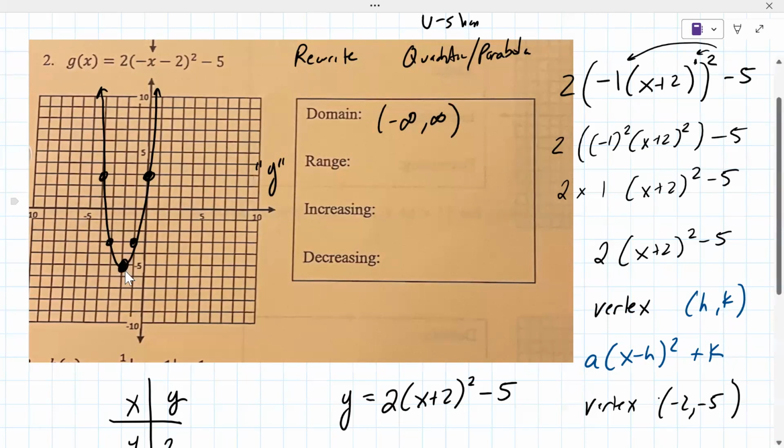Like, at negative 2, what's the smallest y value? That's the x value, or the y value, negative 5. Okay, -5. And then what's the largest y value? Infinity. Goes up forever, yeah. Now, infinities always get parentheses. The -5 gets a bracket because it's included.